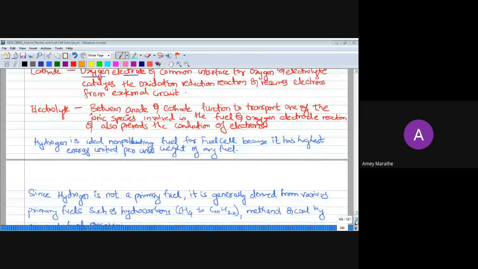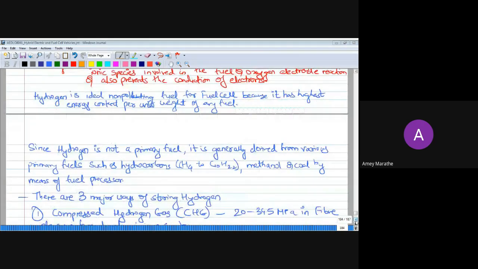Because hydrogen is an ideal non-polluting fuel for a fuel cell, because it has the highest energy content per unit weight. Since hydrogen is not a primary fuel, it is derived from various primary fuels such as hydrocarbons, methanol and coal, by means of a fuel processor.